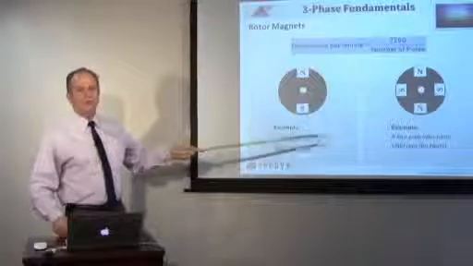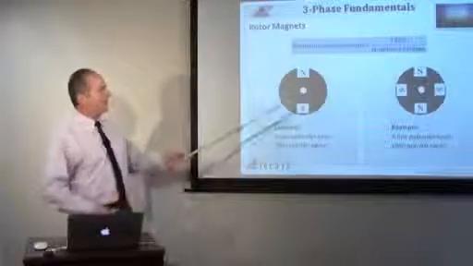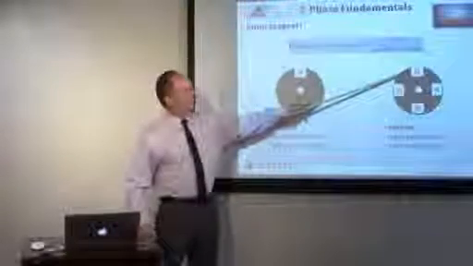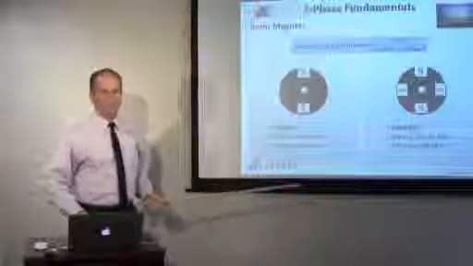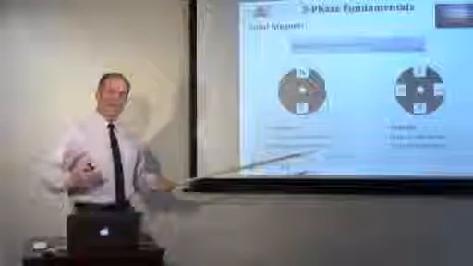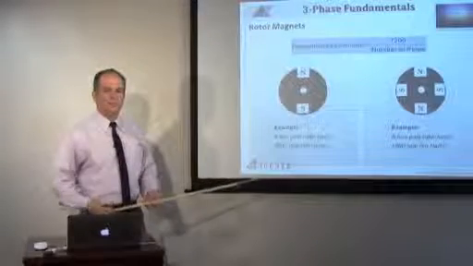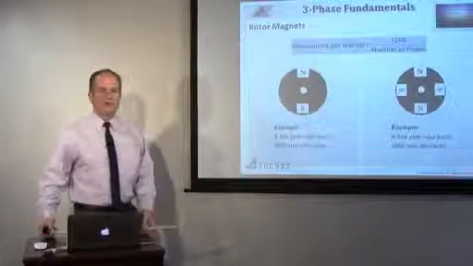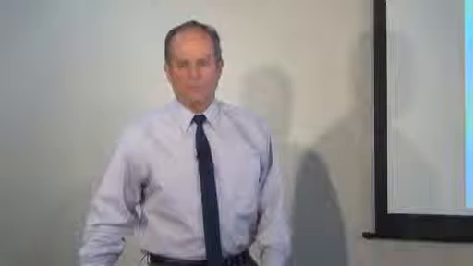So as we increase the number of poles, we decrease the speed, because we have a north pole coming back around to be a north pole in half the time. So our speed of the shaft could be reduced in half. And if you take a case like at Boulder Dam, just outside of Las Vegas, they have generators there that run 40 poles, which means their shaft speed is roughly 3 revolutions per second.